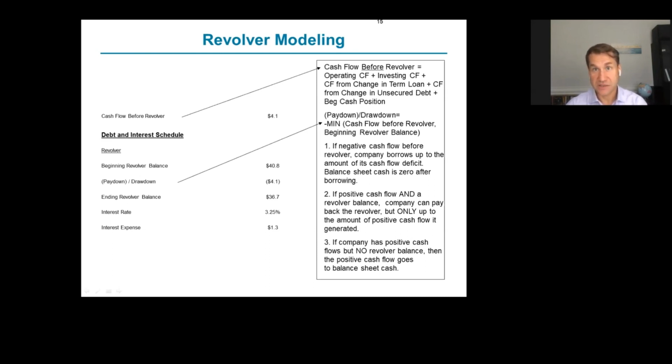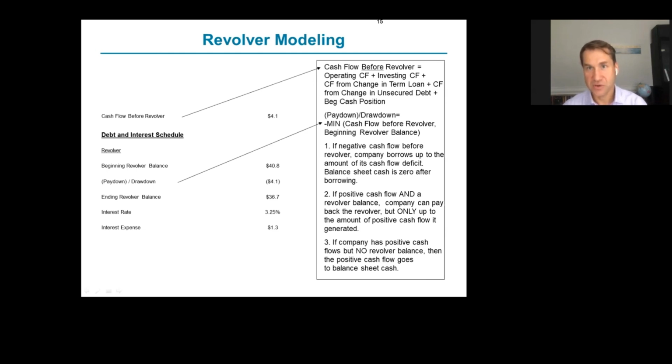If the cash flow is positive, then we'll take it with negative sign and reduce the amount of revolver by that cash flow. And then in the third case, imagine if our cash flow was huge. If it was like 100 million with 40 million revolver balance. So that minimum formula would allow us to pay down just the right amount we need to eliminate the revolver.